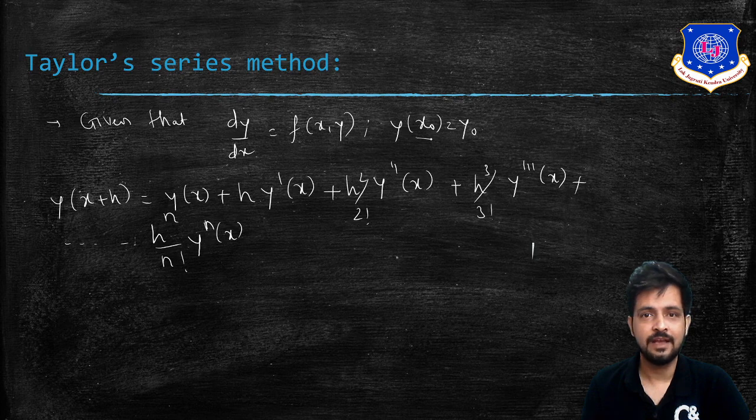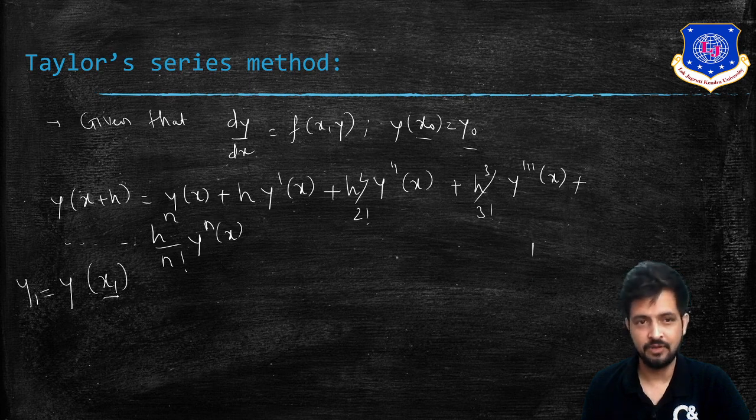See what is given, x0 and y0 will be given. So if I want to find y1, what is y1? y1 is equal to y of x1. And what is our x1? x1 can be written as x0 plus h. So if I want to find the value from this formula, then what I have to replace?